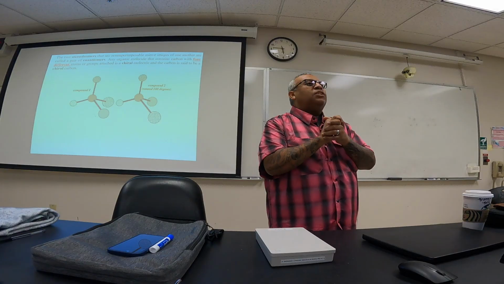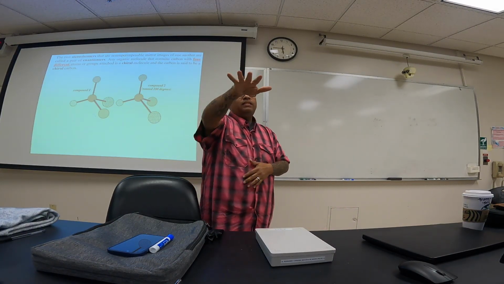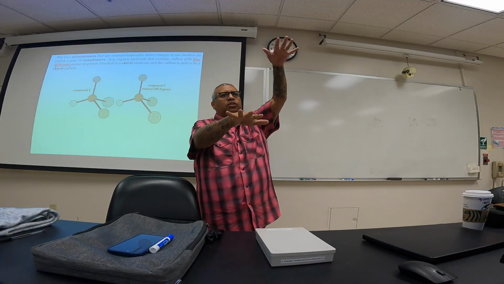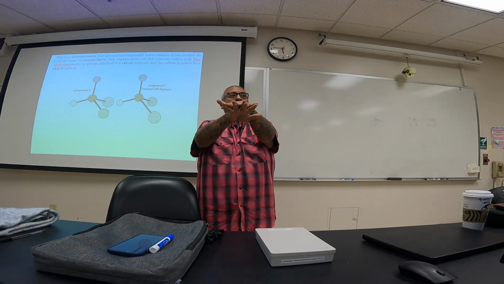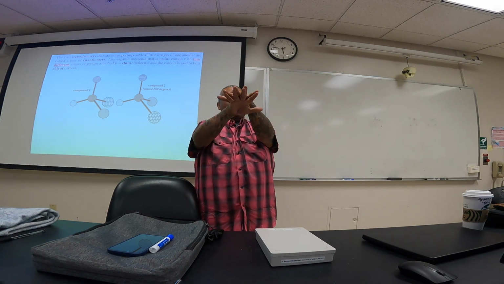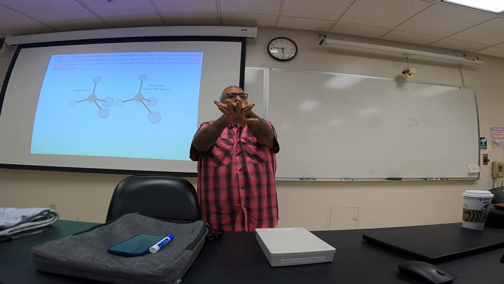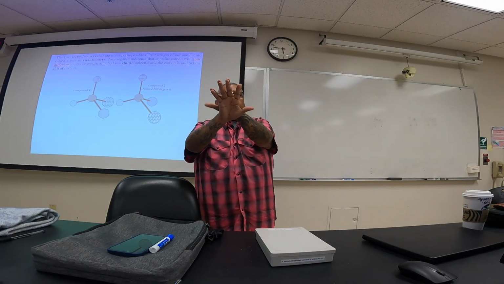But because we can't superimpose them, and what we mean by superimposing is I can't take my right hand and superimpose my left hand. I'm just going to put my left hand right on top. I've now superimposed it, and we can see that not everything lines up, right?